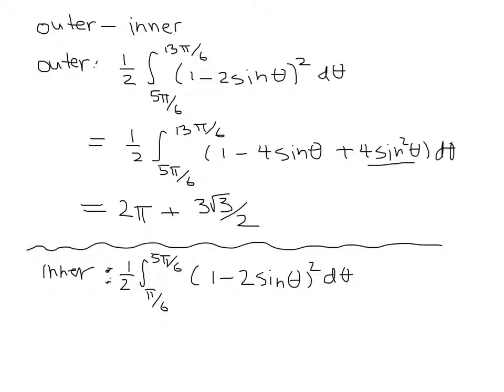And when you work this out, you end up with pi minus 3 root 3 over 2. And then when you do the outer minus the inner, 2 pi minus pi will give us pi. 3 root 3 over 2 minus a negative 3 root 3 over 2 will end up adding, giving you just 3 root 3.